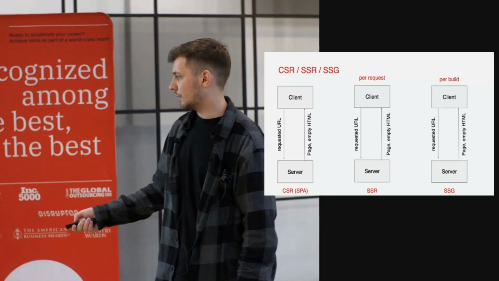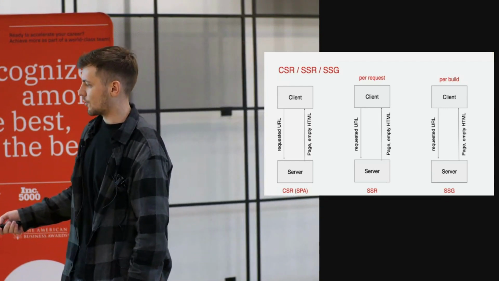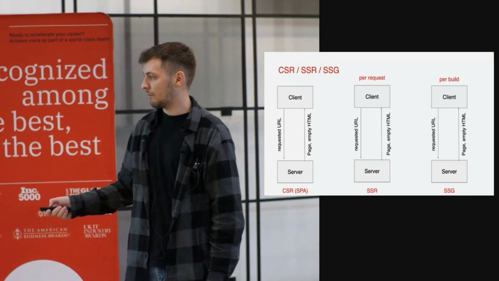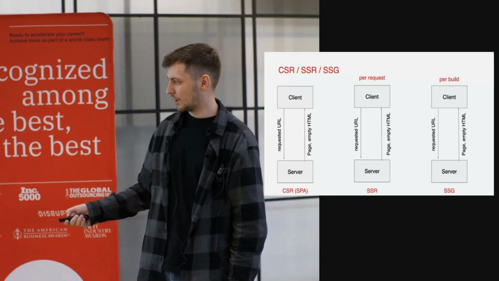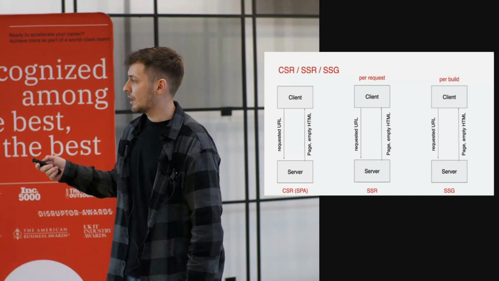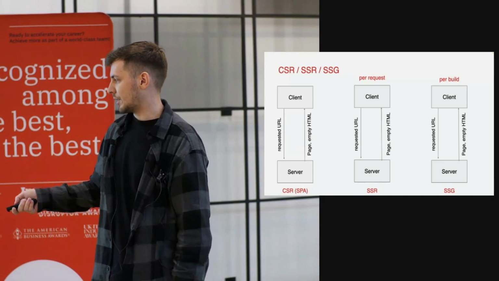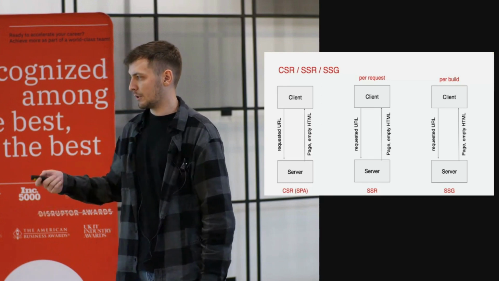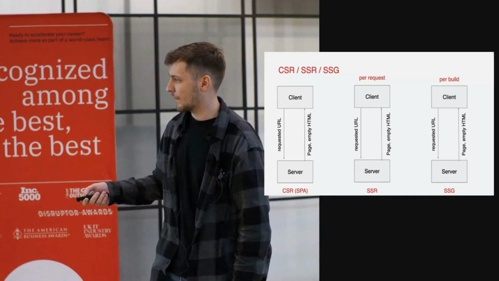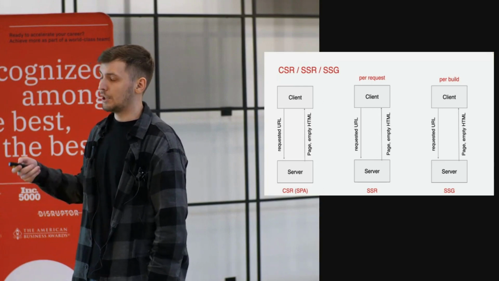And we have static site generation as well. It's the same approach of generating and building the page, when we prepare the page on the server side and then we just send it to the client. But the main difference between server-side rendering and static site generation is the moment when we generate those pages. With server-side rendering, we do that per each request.